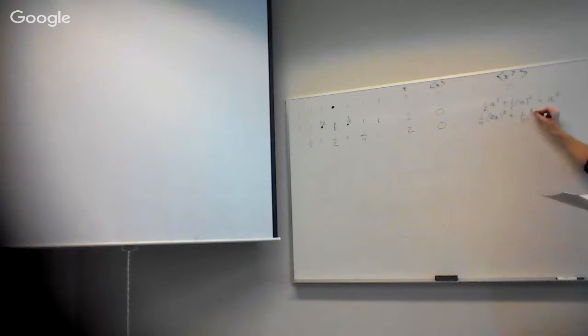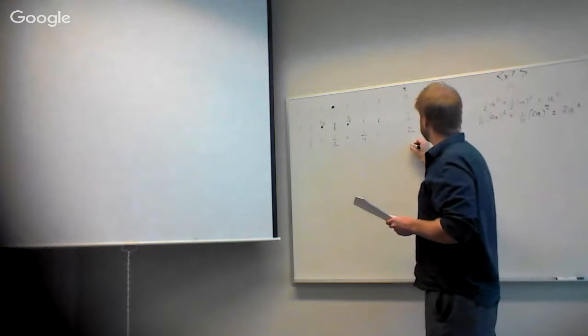Plus a quarter, and what's my distance here? 2a. What does this equal? We have 4 plus 4 is 8, and 8 over 4 is 2. So it's 2a squared.